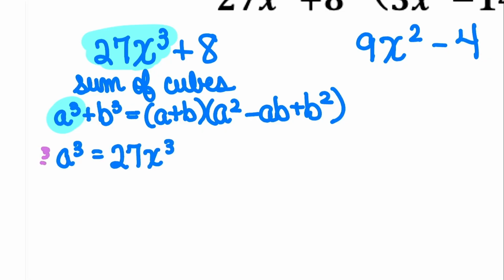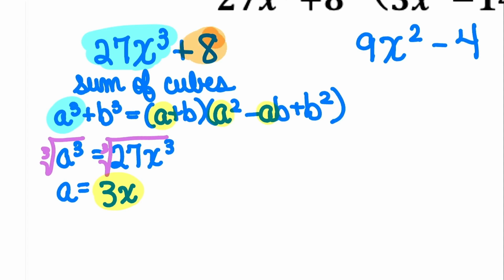So let's take the cube root of both sides. The cube root of a cubed is just a. The cube root of 27 is just 3, and the cube root of x cubed is just x. That means that a is 3x. And that means that everywhere that there's an a in my formula, I can just write a 3x. Now we're going to apply the same thing for our b term here.